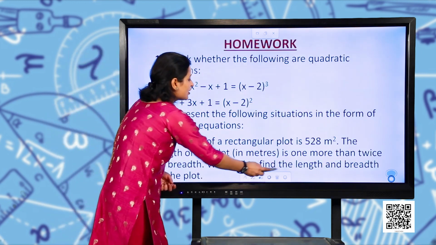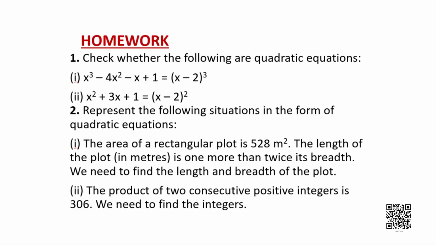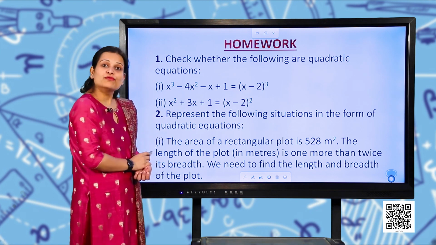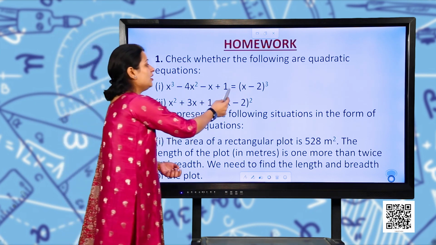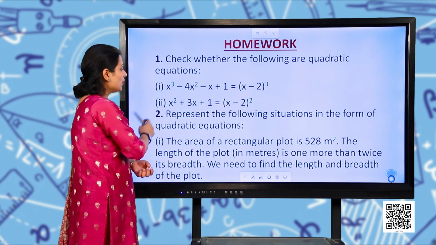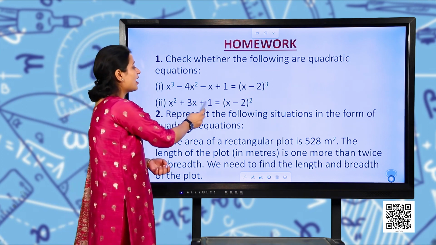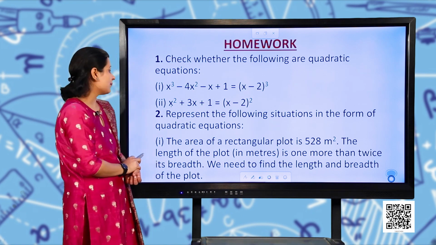Now, there are a few questions for your home assignment. First one, check whether the following are quadratic equations. Part 1, x cube minus 4x square minus x plus 1 equals (x minus 2) whole cube. Part 2, x square plus 3x plus 1 equals (x minus 2) whole square.